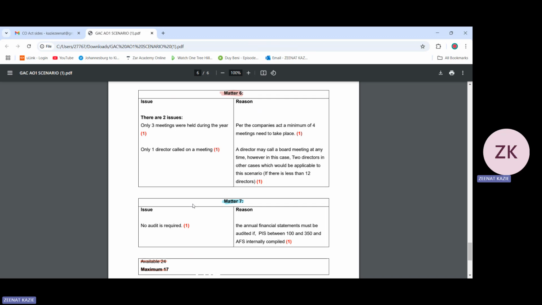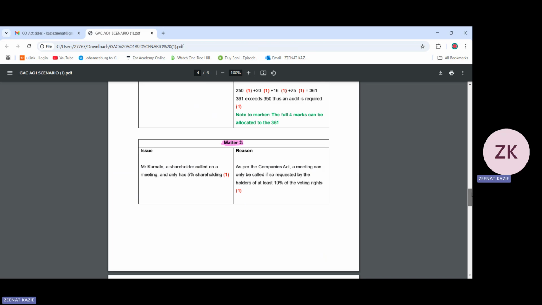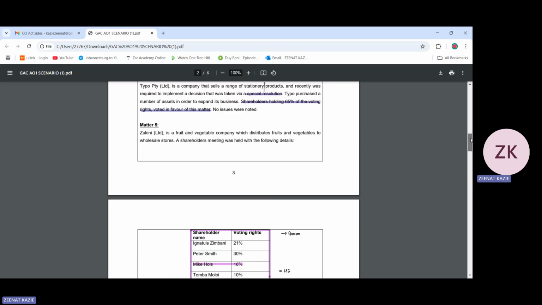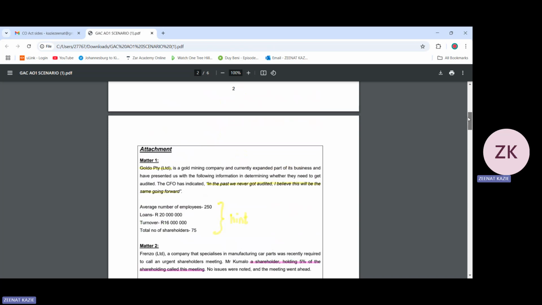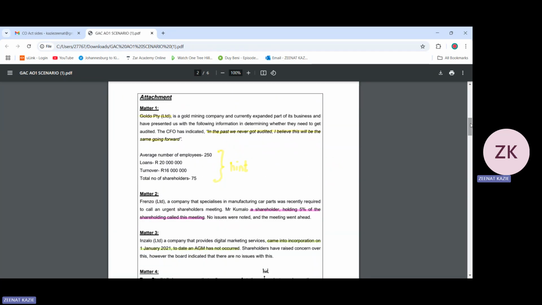So that is the way you should be thinking when doing a Companies Act question. And like I said, I do know that the Companies Act is a lot, but if you read with understanding, you should be okay. You have to be familiar with your Companies Act, otherwise, obviously, you're not going to pick up anything.